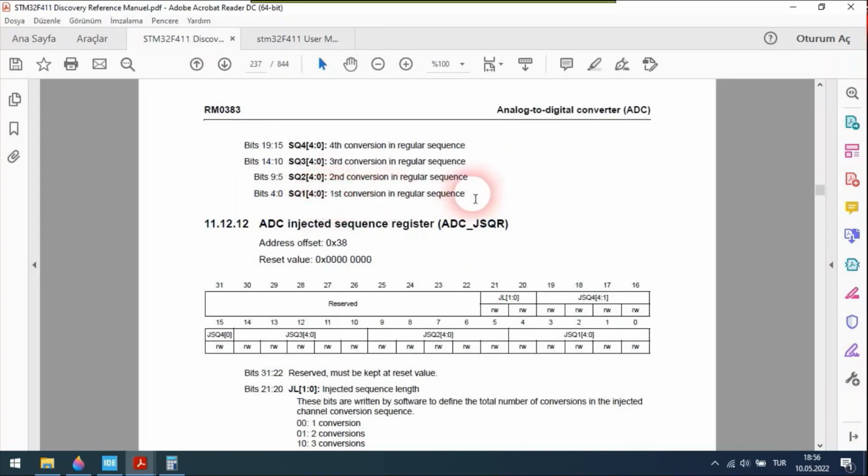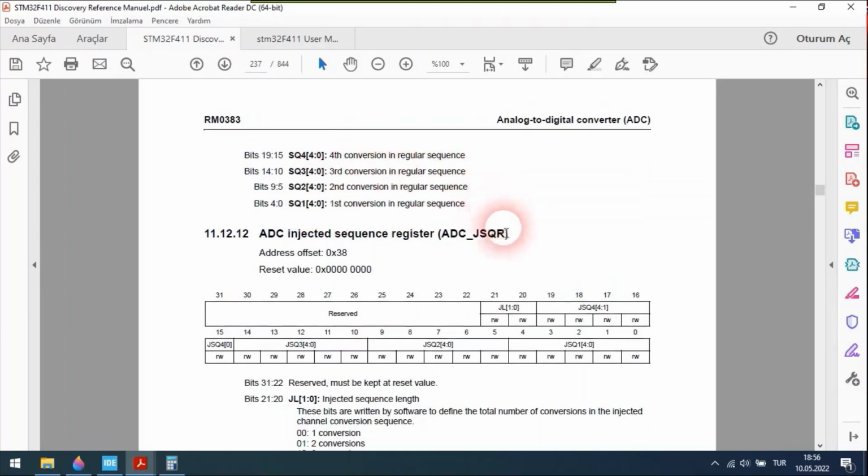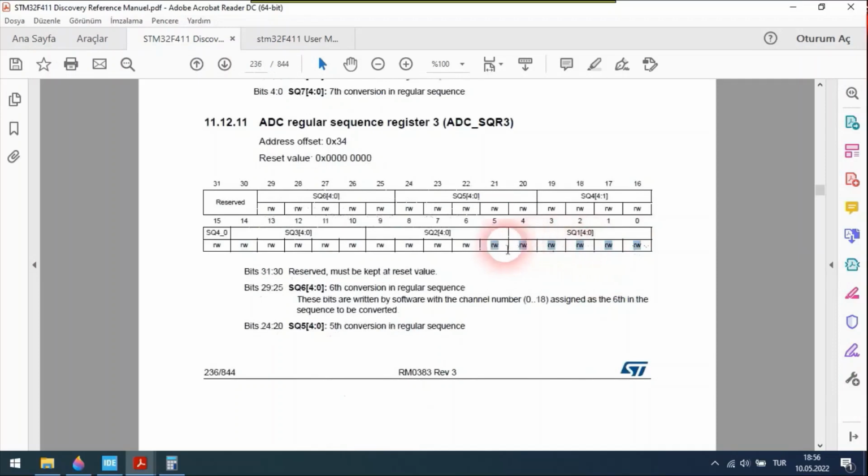First conversion will belong to channel 0. Second conversion will belong to channel 1. Third conversion will belong to channel 2. Fourth conversion will belong to channel 3.